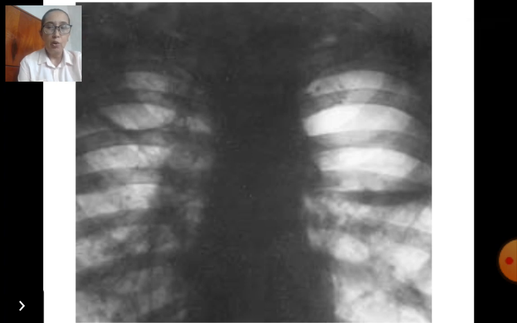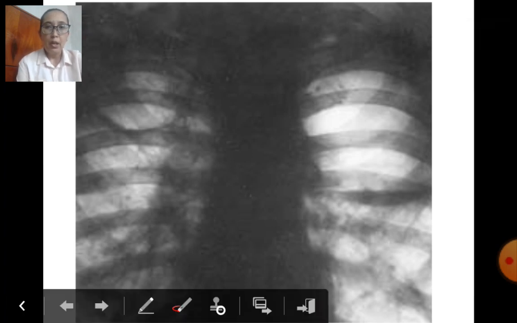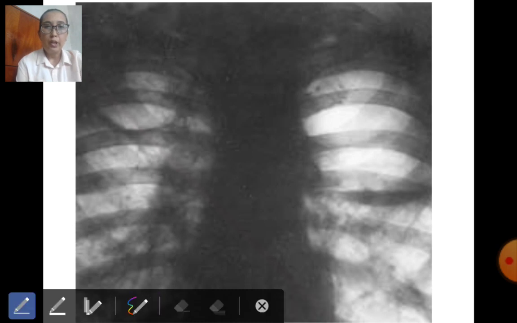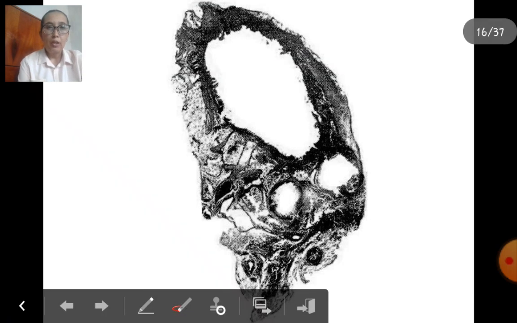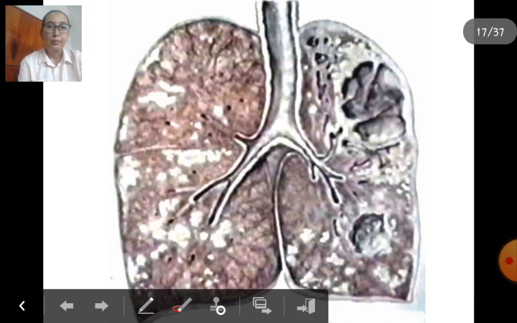In this slide I will show you the giant cavern. Here it is, the giant cavern, and here also has a cavern. It is pathomorphological how a cavern looks like, and its wall consists of 3 layers.